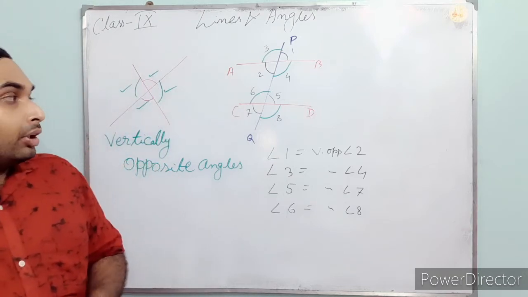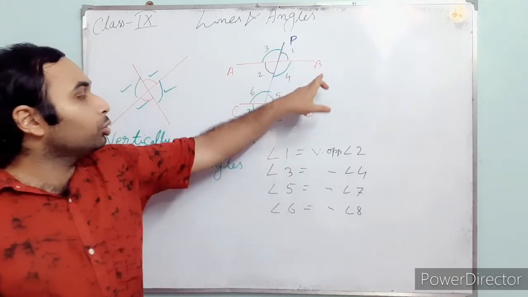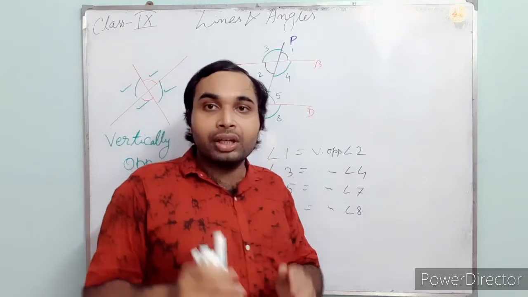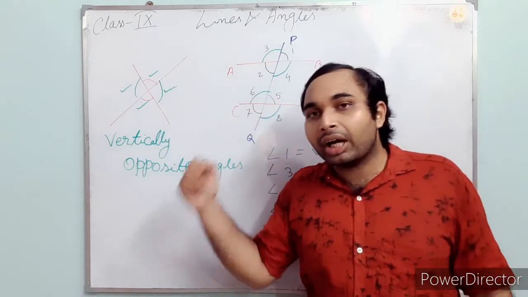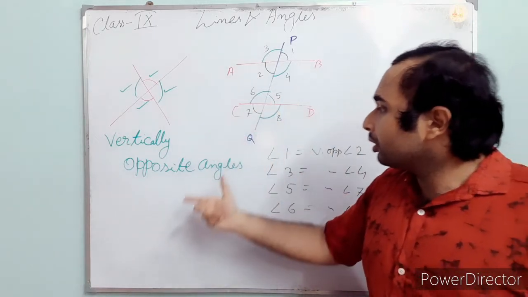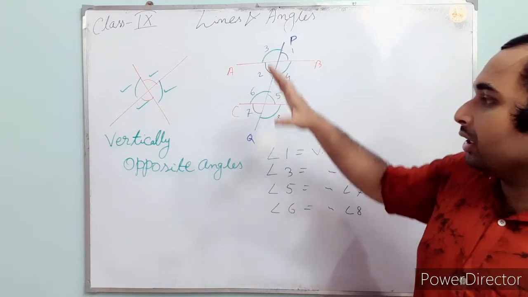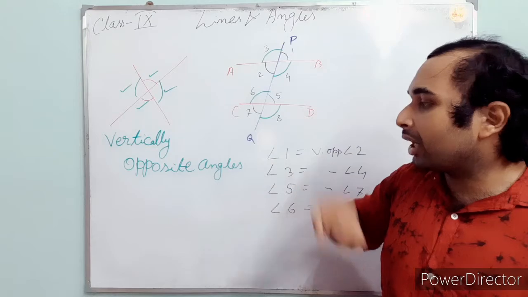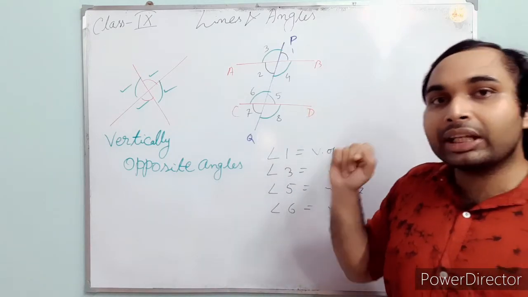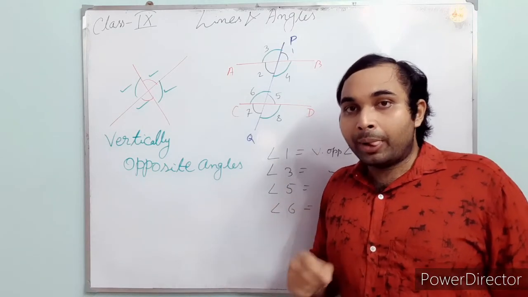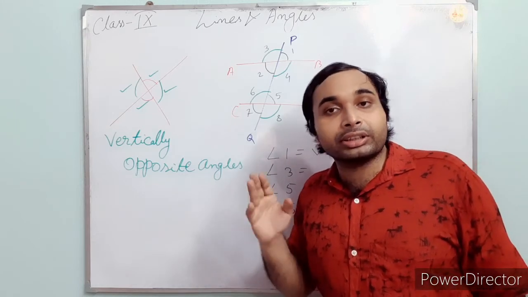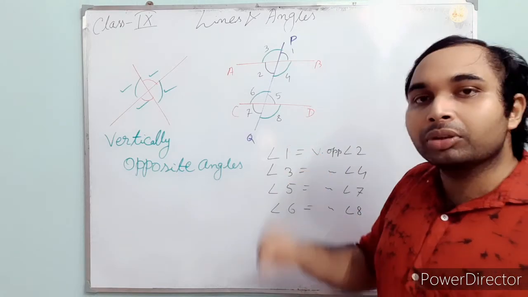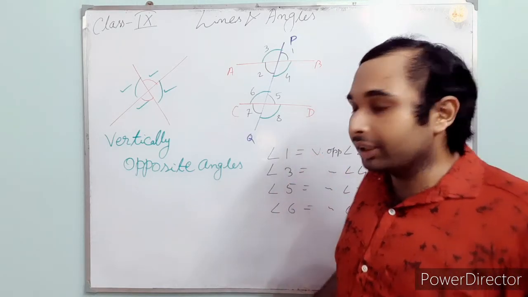So just see, from only 3 lines, 2 parallel lines and 1 transversal, we are getting lots of pairs of angles. Different kinds of pairs and different kinds of properties are there. That is the corresponding angles, alternate interior angles and vertically opposite angles. Those pairs are equal, but the consecutive angles are the supplementary pairs, so the sum of those two angles will be 180 degrees.